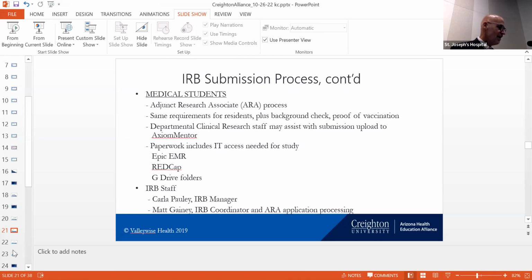But in addition to that, you have to provide evidence of vaccination, and they do a background check. That's already been done for the residents, so they don't have to go through all that again. And when you've done all of that, you'll get access. For the students, if you're not already a third or fourth year student and have access to the EMR, if you're a first or second year student, that will get you access to EPIC and to REDCap once you've been deemed an adjunct research associate.